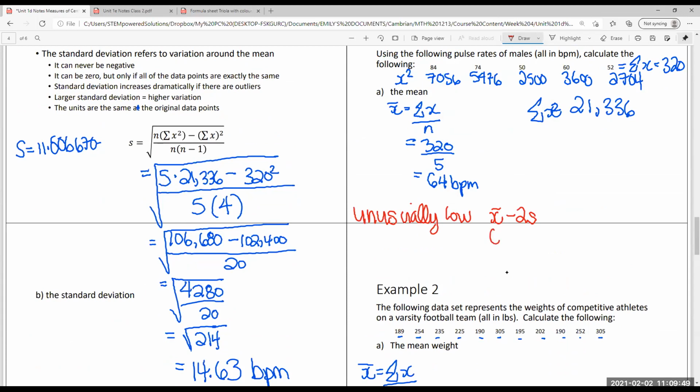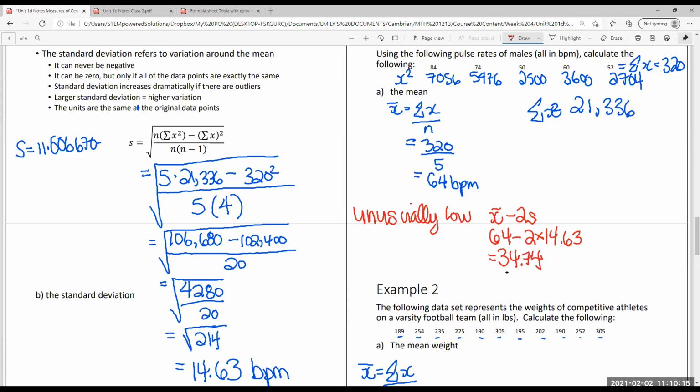So the mean is 64 minus 2 standard deviations is 2 times 14.63.